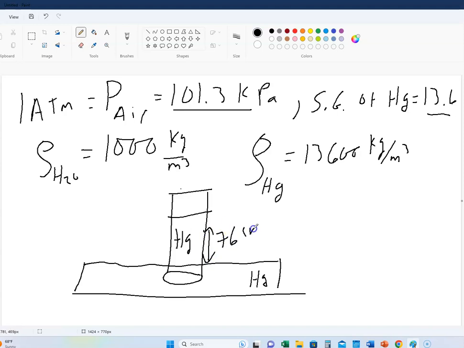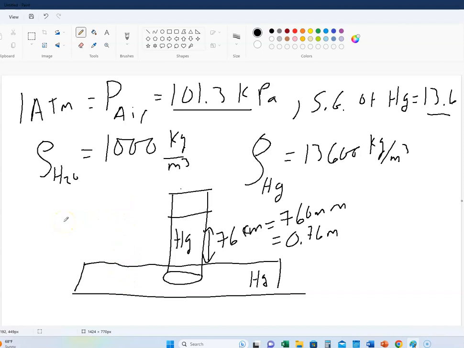76 centimeters. Keep in mind, 76, that's a C. 76 centimeters is 760 millimeters, just to let everybody know, which of course is 0.76 meters. You'll see why I'm doing that in just a second. So this part right here, remember, was completely filled with mercury. This is a vacuum inside of here, because this is closed off. This is glass up here, and this is exposed to the air, right?